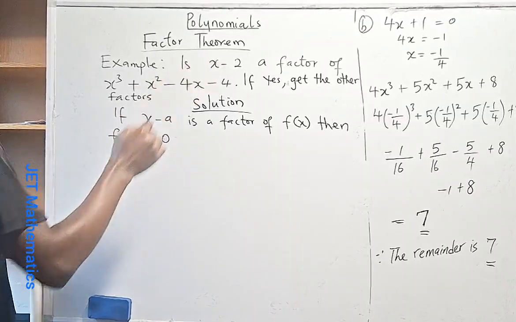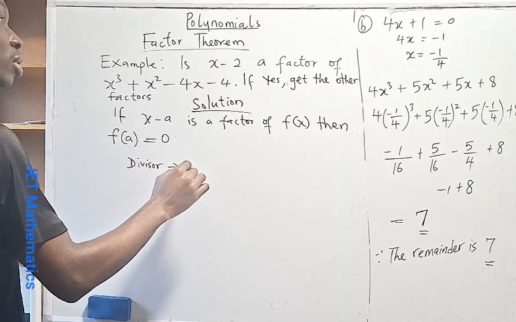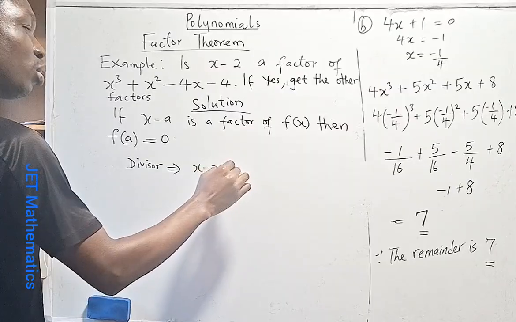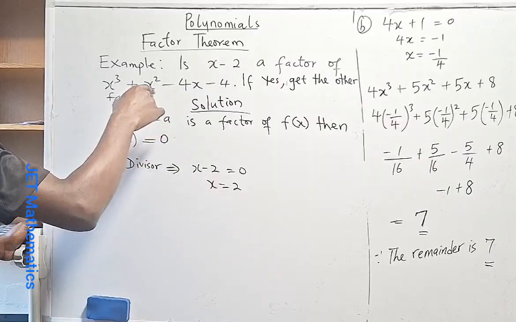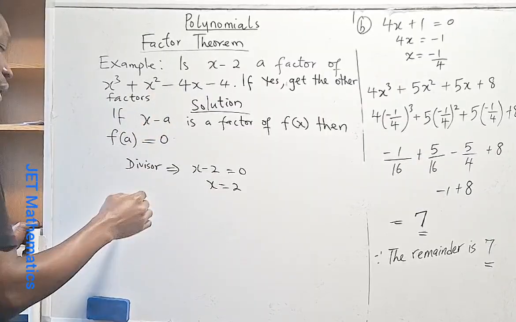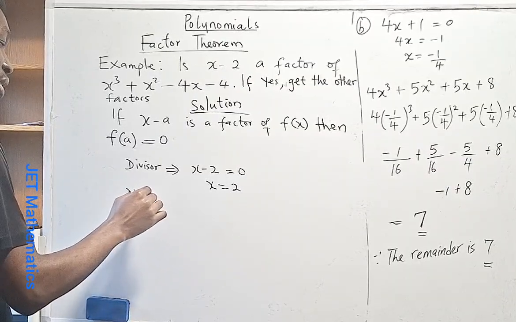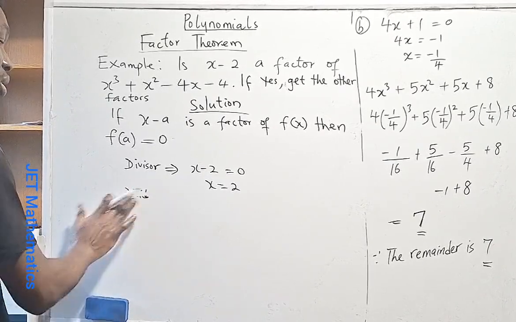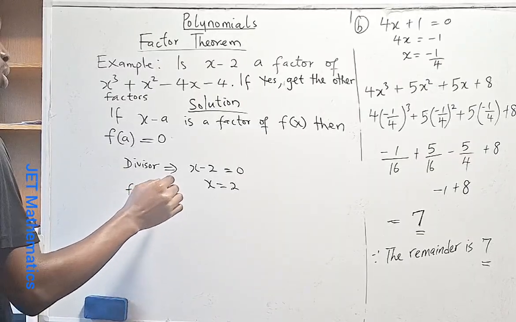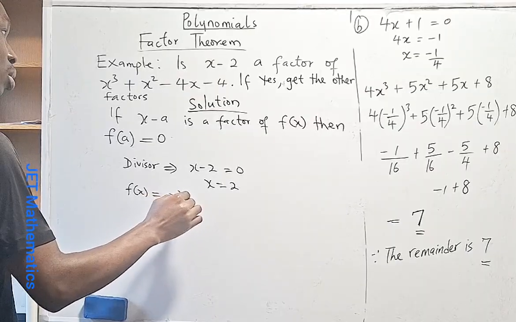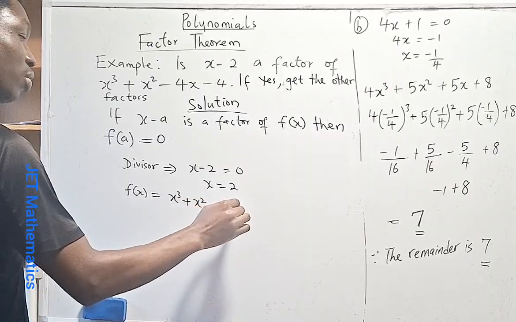So let's see. The divisor is x minus 2, so we equate it to 0, which implies that x equals 2. And now we substitute that into the polynomial, or let's say the polynomial f of x, x cubed plus x squared minus 4x minus 4.